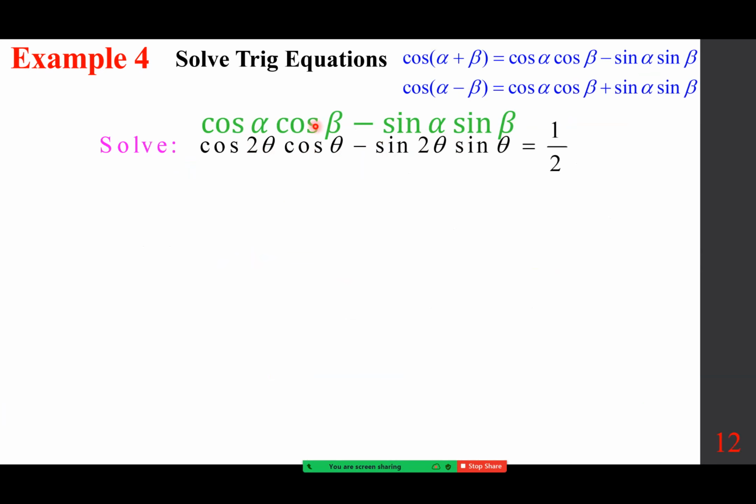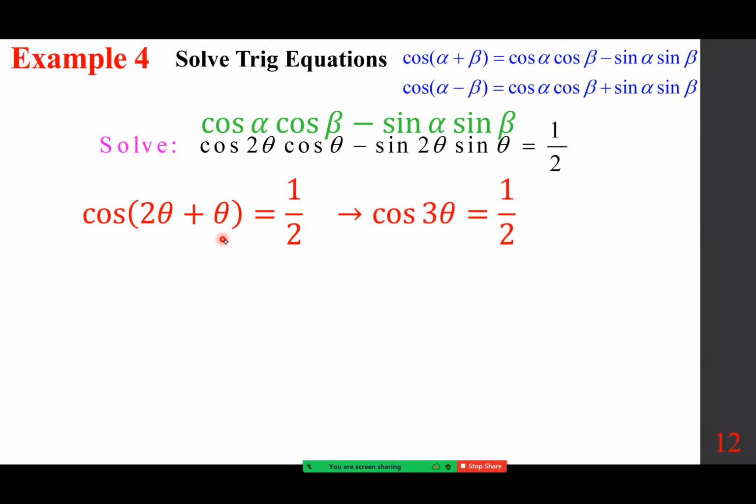And so this looks like this one, right? Cosine of alpha plus beta, so cosine of 2 theta plus theta. So this is alpha, this is beta, cosine of 3 theta is 1/2.